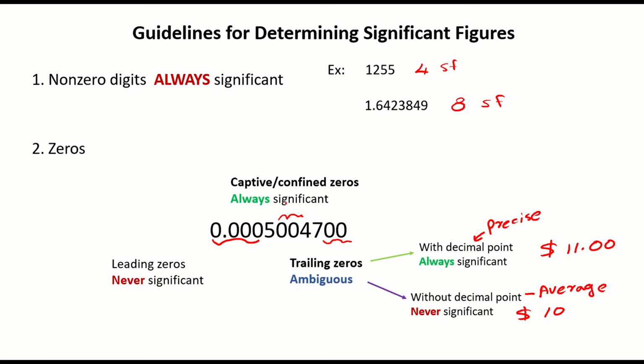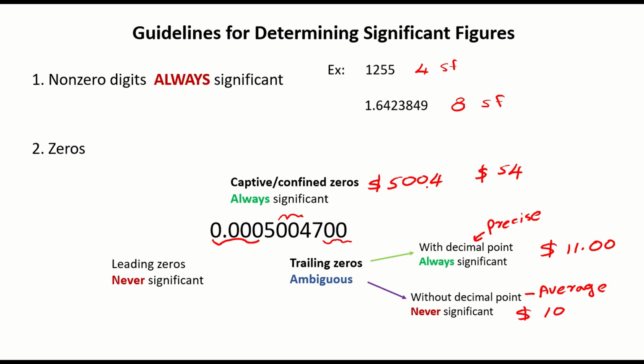And then let's go into the captive zeros. Let's look at numbers like this. I will take this number as an example, $5004, and if you get rid of the two middle zeros, you will end up with $54. Now you can see there is a huge difference in the quantity.